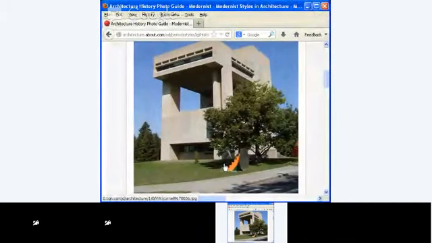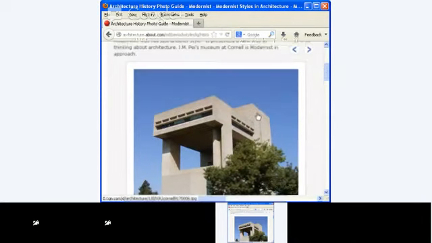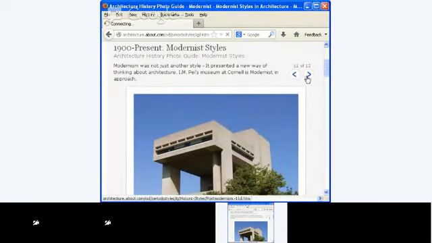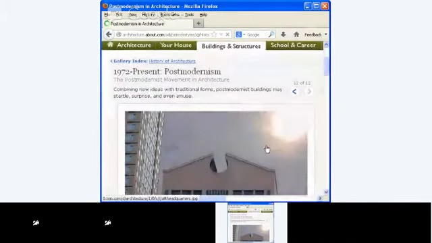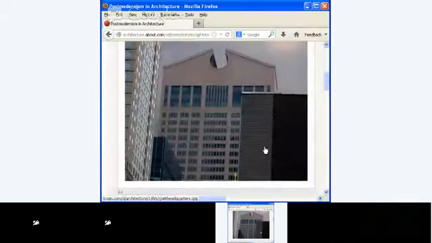The big blocky cubes, not perfectly linear. All right, and last but not least, postmodern. All right, modern glass.